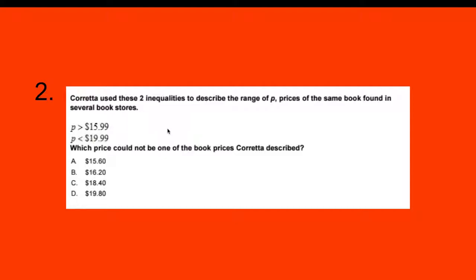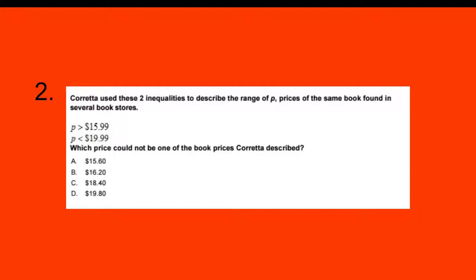Number 2 reads: Coretta used these 2 inequalities to describe the range of prices of the same book found in several bookstores. P is greater than $15.99. P is less than $19.99.